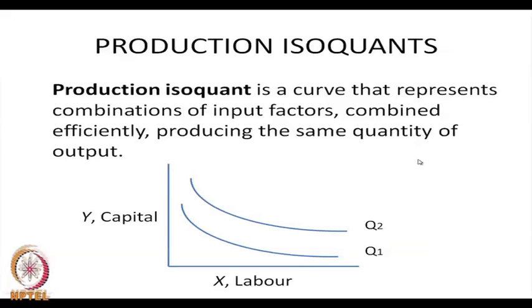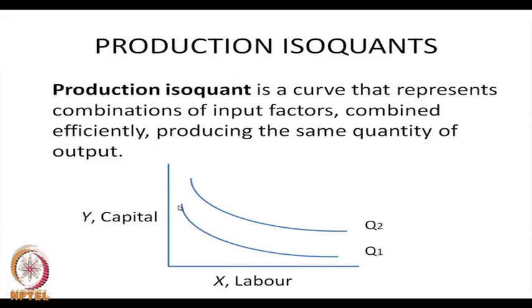Next, we give the concept of production isoquants, basically iso-quantity produced, that is, the same quantity produced for what combinations of the input materials. In this example we have considered labor and capital as the two input materials for production.